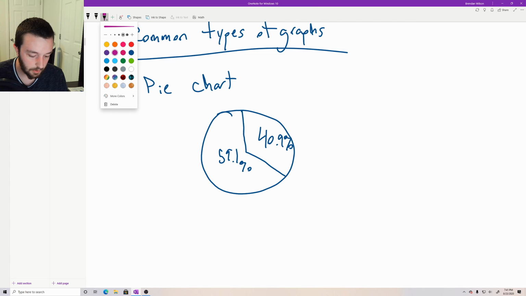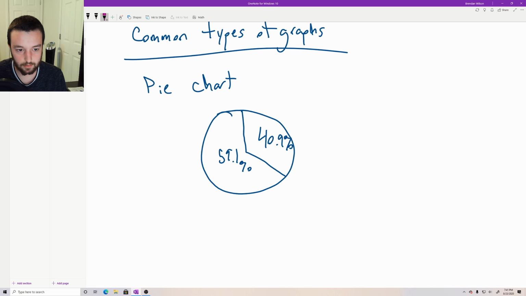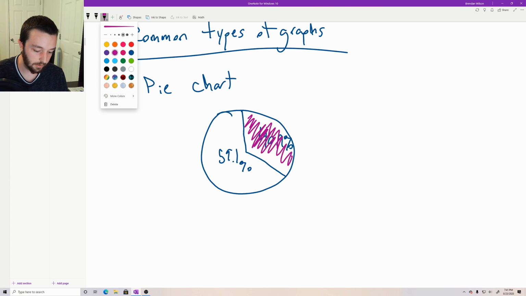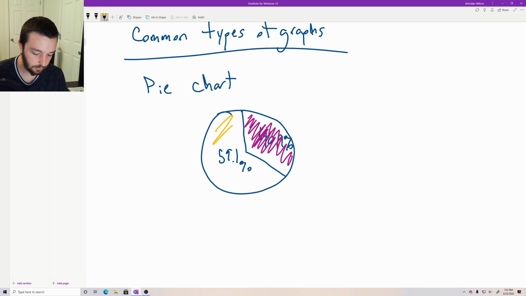So the way we use this pie chart is we break it up so that the percent that we have here lines up with the percent of the circle that we are coloring in for that section. Here I'll color this in with purple. You can't really see the percent anymore, but that's okay. I'll use a lighter color for this one, and it still covers it up pretty good.